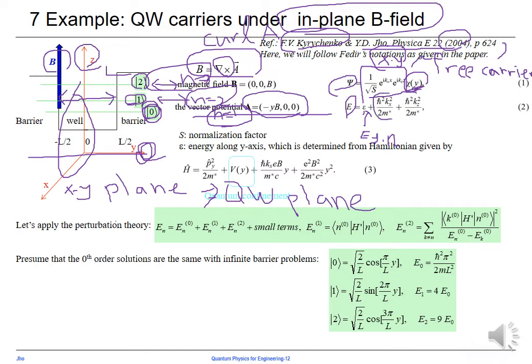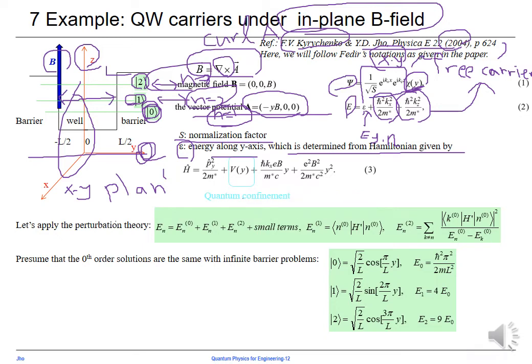The others are just the same as free particle carriers. Here S is known as the normalization factor, and epsilon is the energy along the y-axis, which is determined from the Hamiltonian given by this one. Way too complicated, but we don't have time, so let's just accept it.